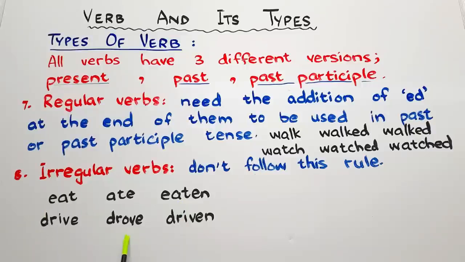Drive, drove, driven. There are lots and lots of examples of both type of verbs, but when we introduce verbs to children, we go for regular verbs first and then we move on to irregular verbs, because there are some really common verbs that are irregular, like eat, drink, drive, and so on.